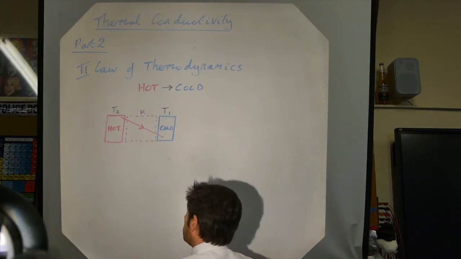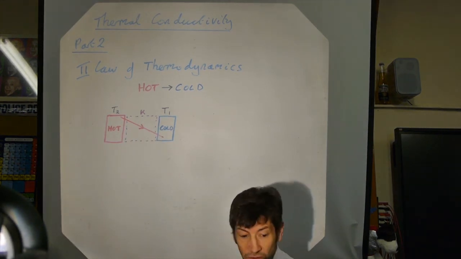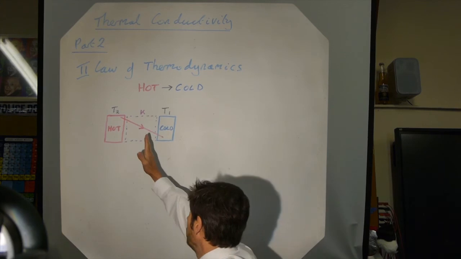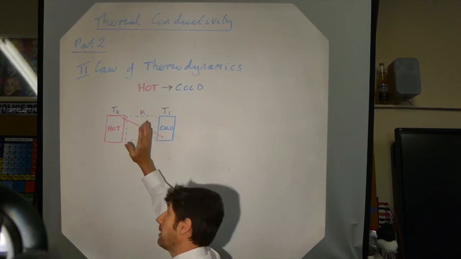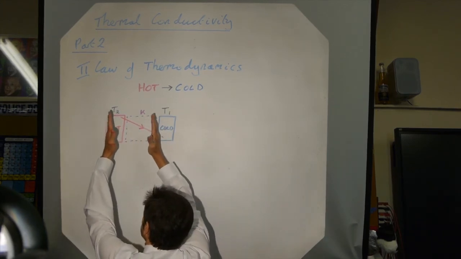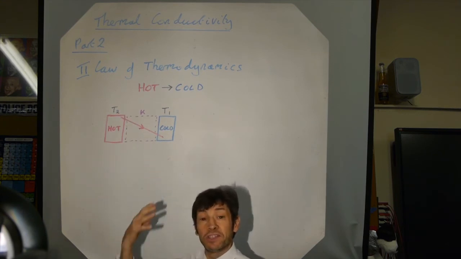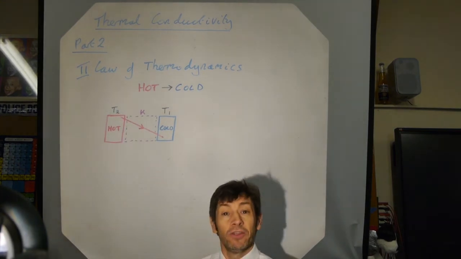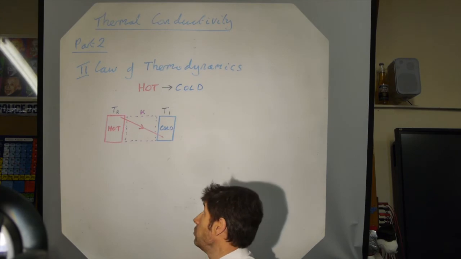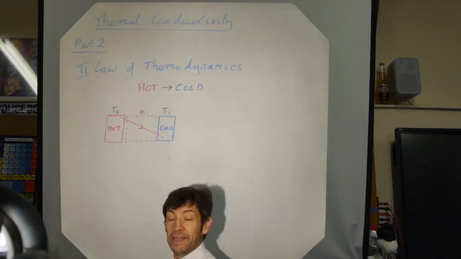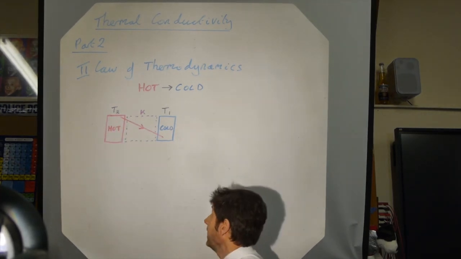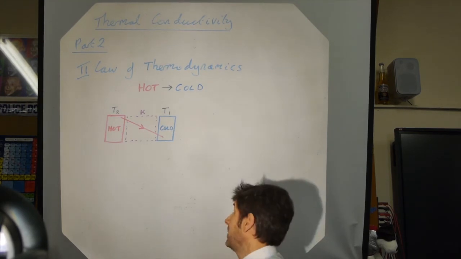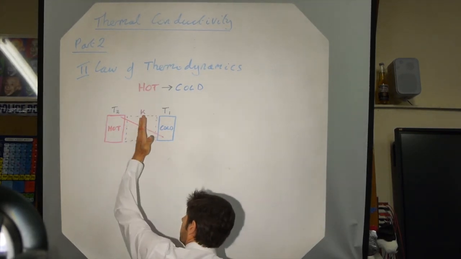Okay, it's quite interesting that if you think about this in detail, if we made this material in the gap thinner, so push these closer together, that line will be steeper. There'll be a bigger thermal gradient, and the heat will flow more rapidly into the cold place. Okay, I could go on and on about this, but imagine this was a sheet of glass.